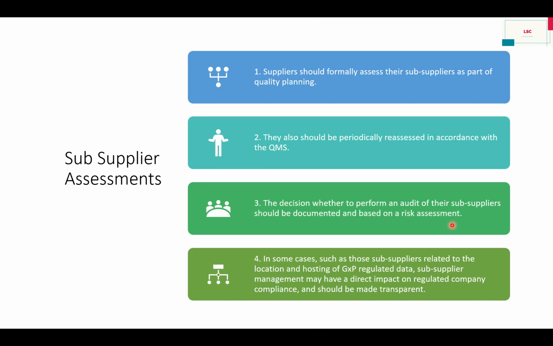Now, fourth one, in some cases, such as sub-suppliers related to the location and hosting of GxP regulated data, sub-supplier management may have a direct impact upon the regulated company's compliance and should be made transparent. So whatever sub-supplier activity is going to impact the regulated company, clear transparency is required for compliance purposes. Okay, so this is the sub-supplier assessment.